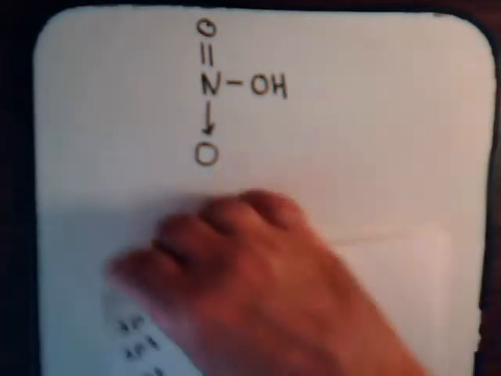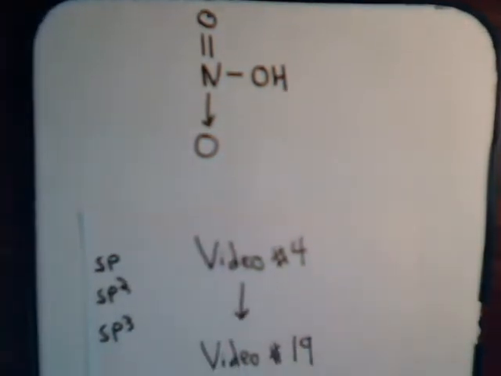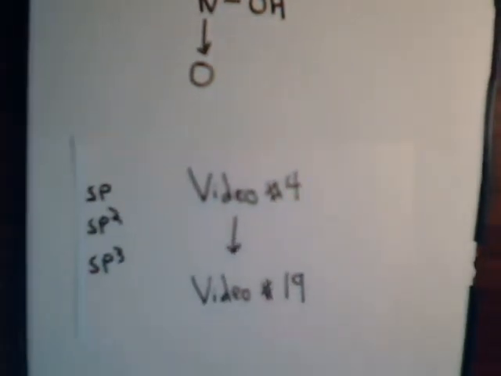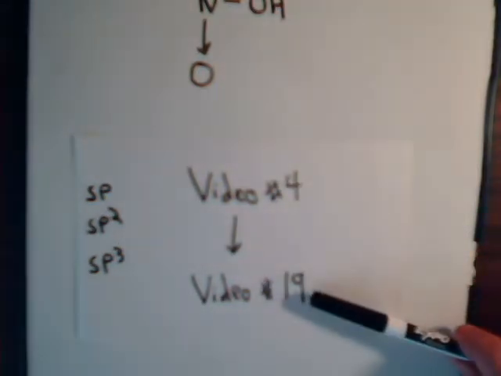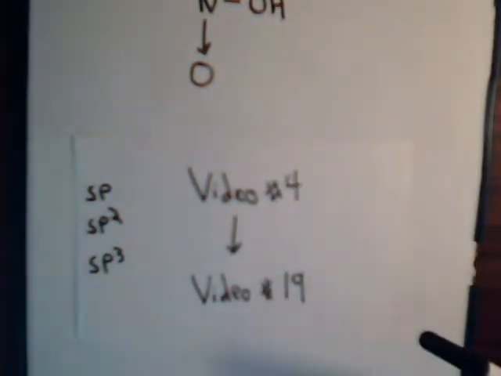Now, if you remember back in, I think it was videos number 14 and 15, we talked about nitric acid. And going back even before then, starting at video 4 and going through video 19, we discussed different types of resonance systems.